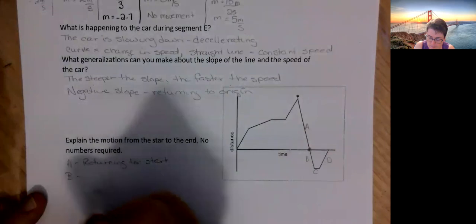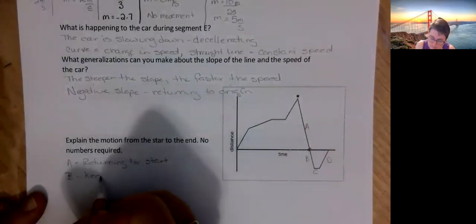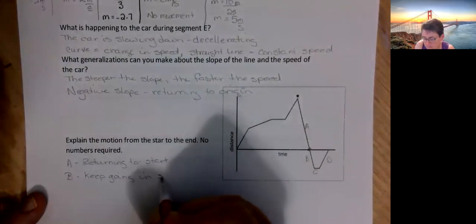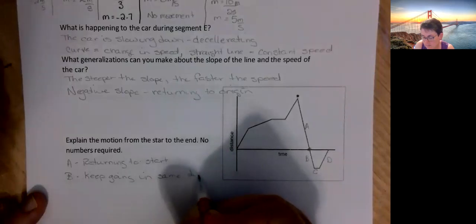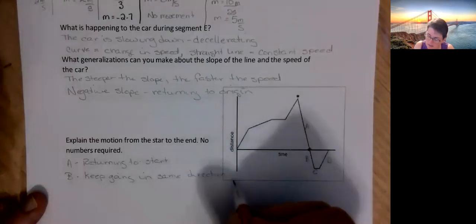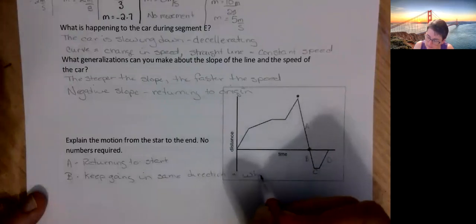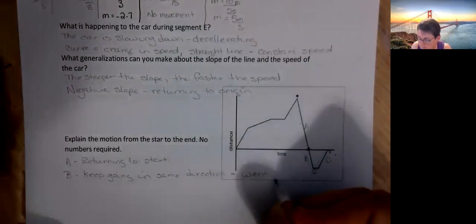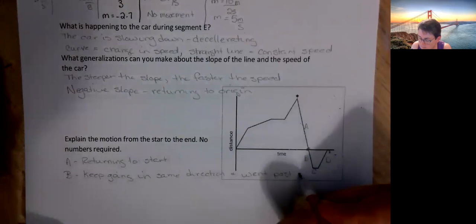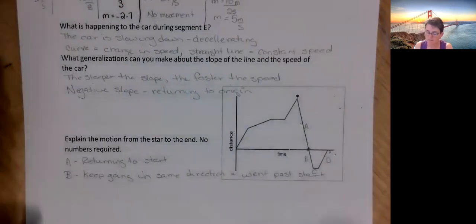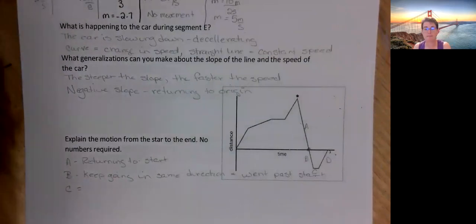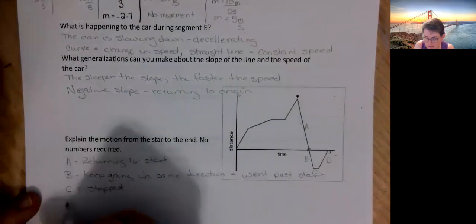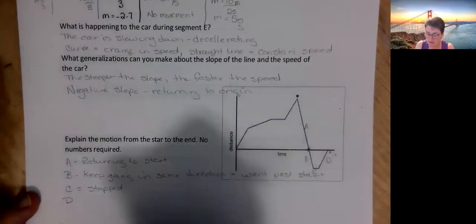So B is keep going in the same direction, and went past start. C, you know what happened. They stopped. And D returns back to start.